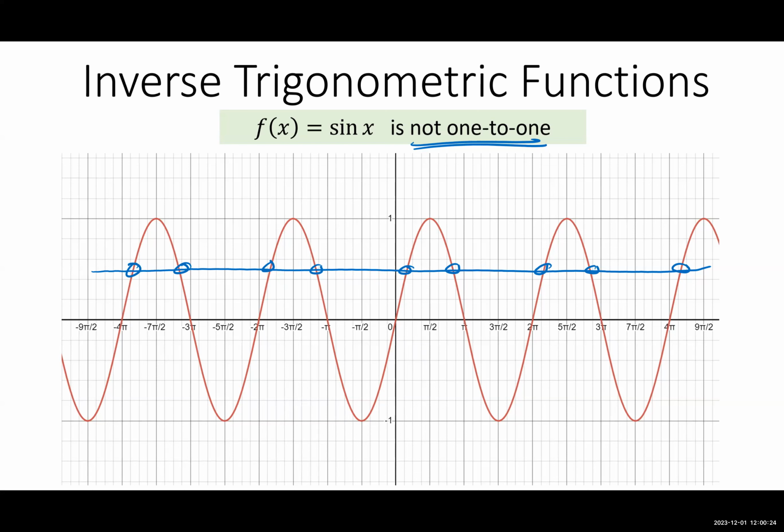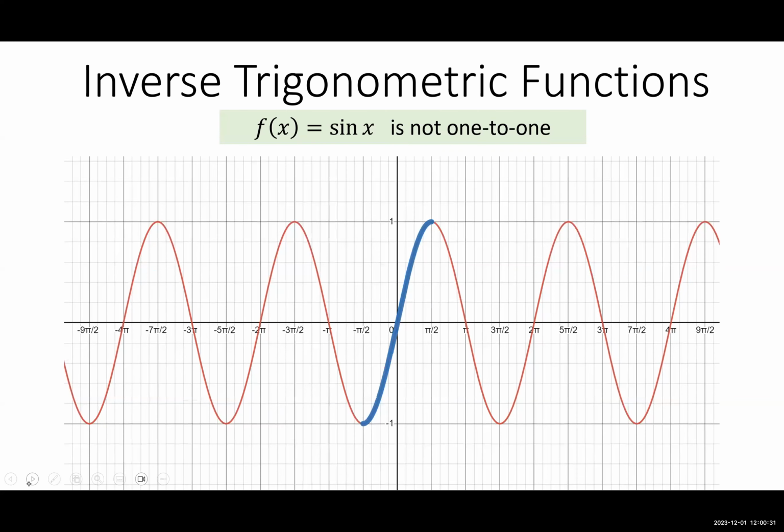But let me get rid of this blue here. What we can do is look at just a part of the graph, just a piece of it. So that blue highlighted portion of the graph, well, that is one-to-one. Right? No horizontal line is going to touch that blue portion more than once.